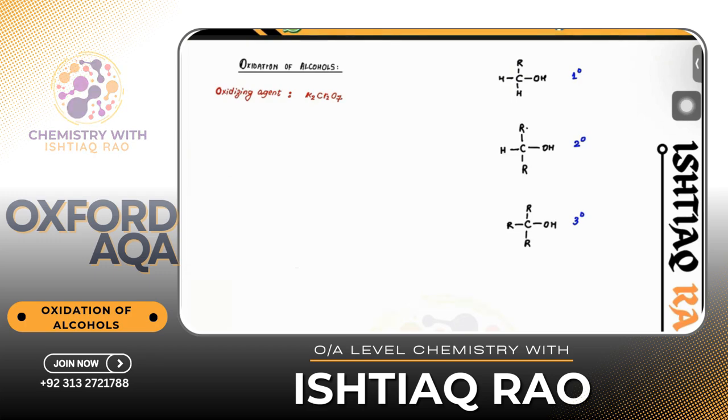Whenever we oxidize any alcohol in the presence of the oxidizing agent, we acidify it, so we say acidified potassium dichromate, because acid is used as a catalyst in an oxidation.